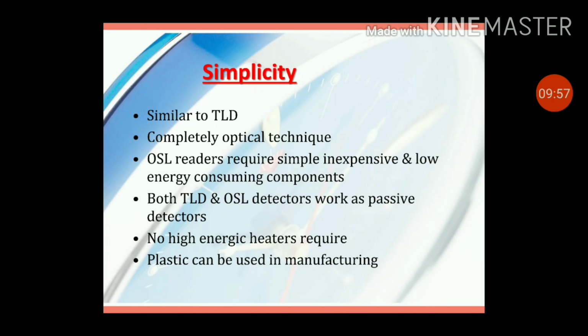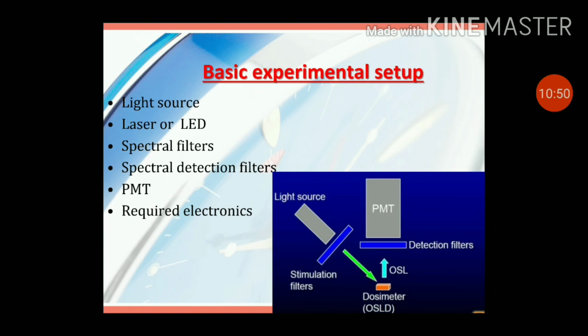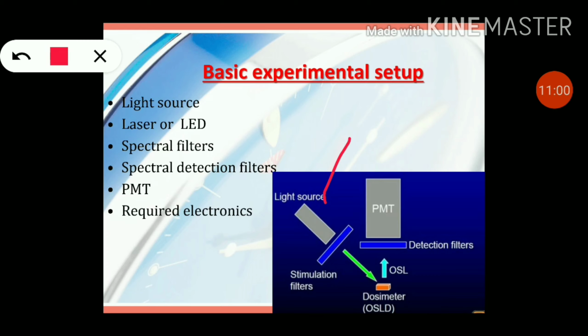So what we need: the photomultiplier tube itself is a component, and a high voltage power supply fed by a low voltage, that is 5 volt, and an amplifier circuit. So in the basic experimental setup you will have a light source, that is a laser. The instrumentation components required in an OSLD dosimeter include a light source, and the light source is used for the stimulation as a laser or LED.